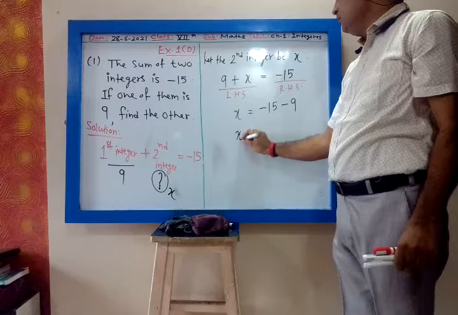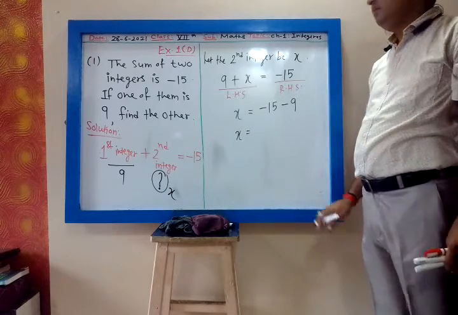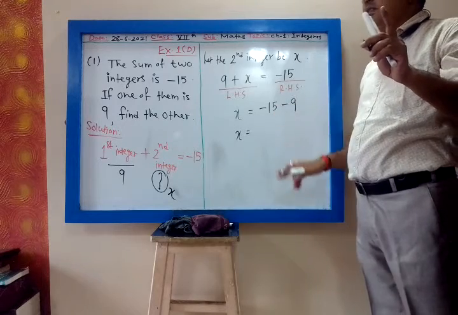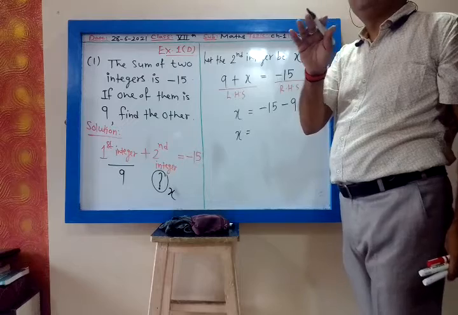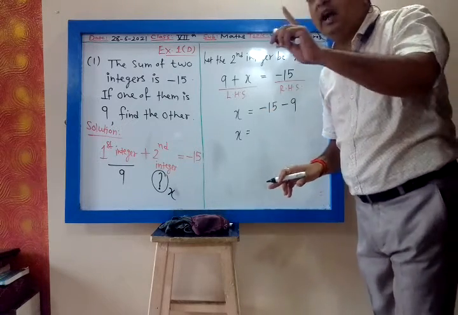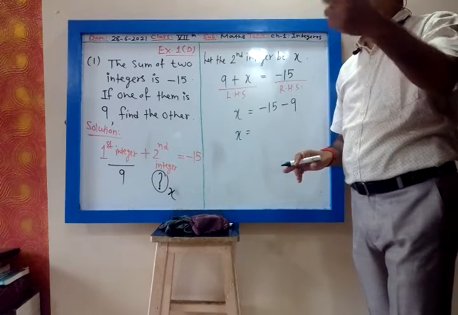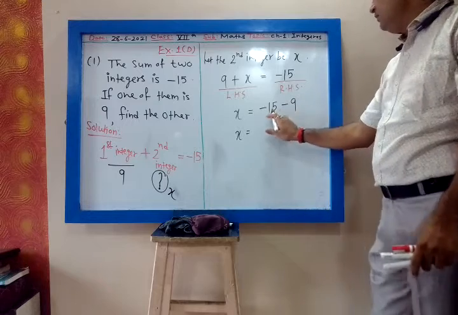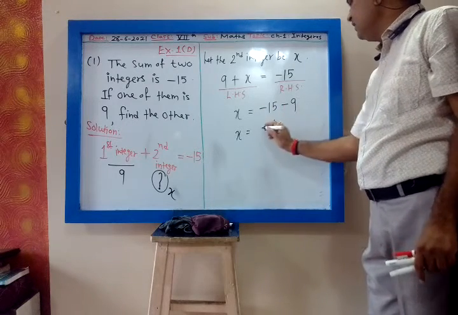So x is equal to minus 15 minus 9. Not plus. Whenever they have the same sign, minus minus, we have to add the numbers and take the common sign. 15 plus 9 is 24, and the common sign is minus.